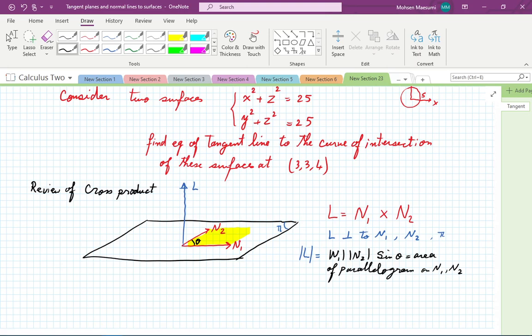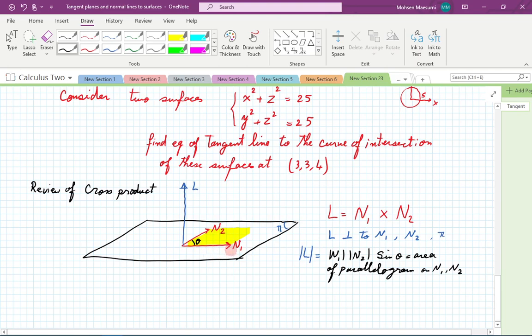And third is the so-called direction. Each vector has a direction. Should I go up or down? In your engineering classes or sometimes calculus classes they refer to the right hand rule. They say take your four fingers in direction of n1, rotate it toward n2. That would be your right hand.